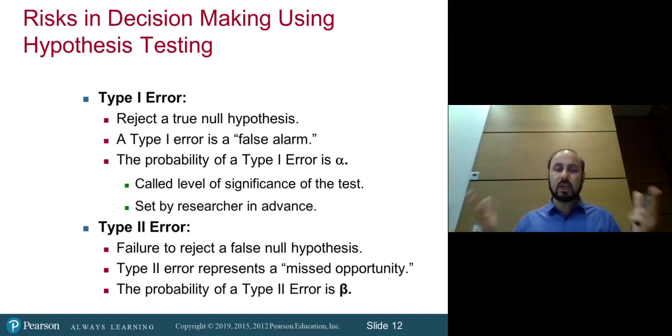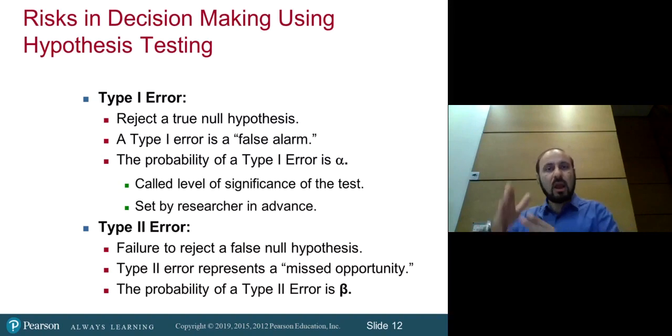So as a researcher, you choose whether you are taking 95%, 90% or 99%. Then your alpha is already known. A true null hypothesis, no need to reject, otherwise you are encountering type 1 error.